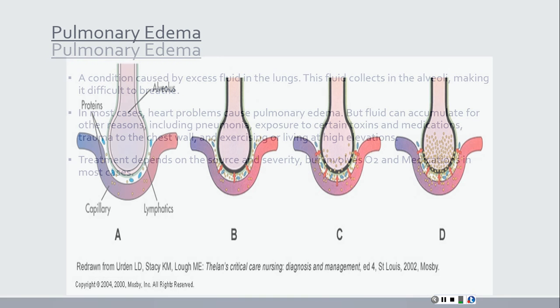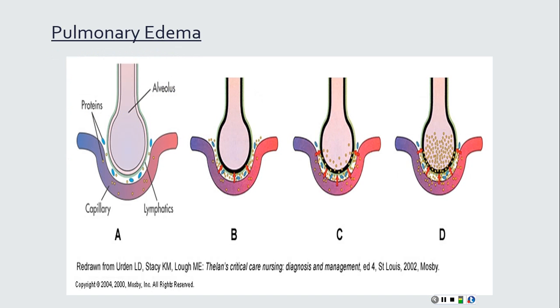Okay, I should have shown you this illustration here. This is where it moves out of the capillary and around the alveoli, and eventually it will permeate. It's going to diffuse into the actual alveoli. A is going to be a normal relationship. This is what it should look like. Everything's moving around, everything's good, we're breathing good. B is increased pulmonary capillary hydrostatic pressure, which causes fluid to move from the vascular space into the interstitial space. So this is kind of a precursor.